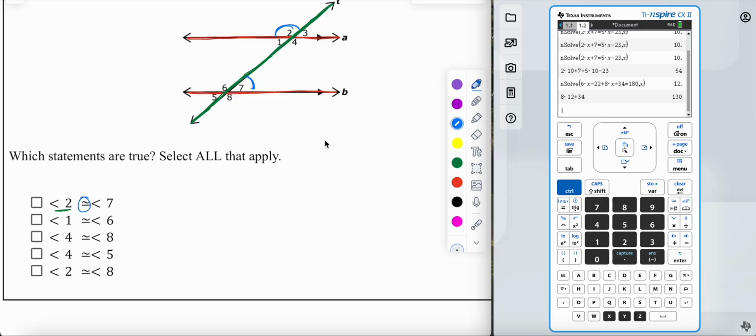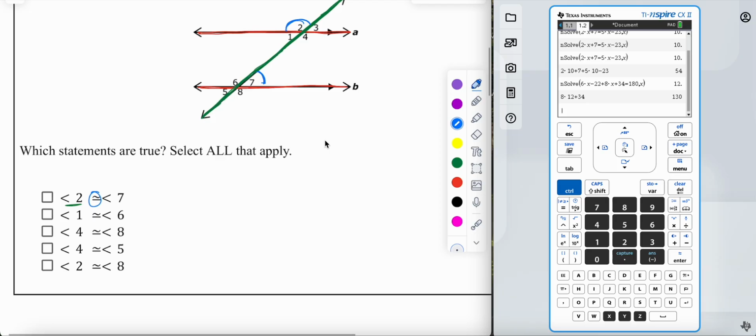Is that true? No. So notice that they are alternate, meaning they're on opposite sides, but this one is outside, and this one is inside. So we only have alternate interior, meaning both of them have to be inside, or alternate exterior, meaning both of them have to be outside. So these two, they are not congruent. They have no relationship.